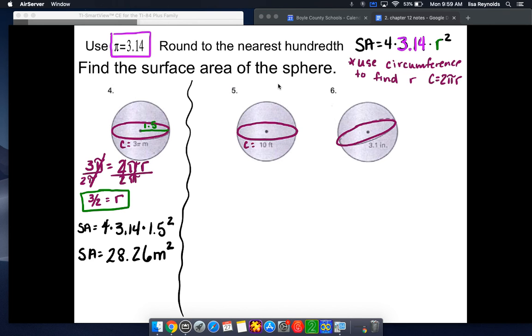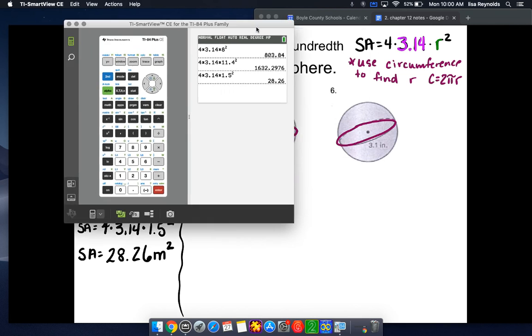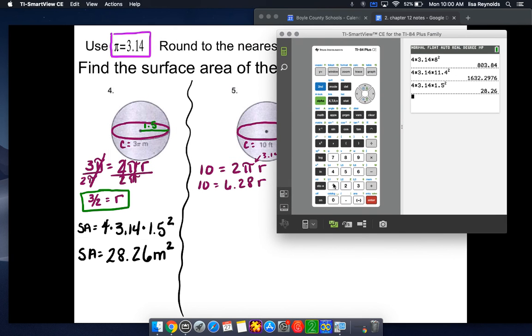Our circumference this time is 10. So 10 is equal to 2 pi r. If we put in our 3.14, we have 6.28 r. When we divide, in the calculator, 10 divided by 6.28.